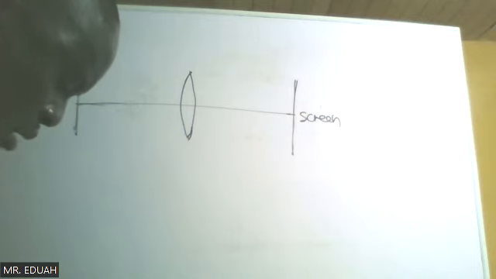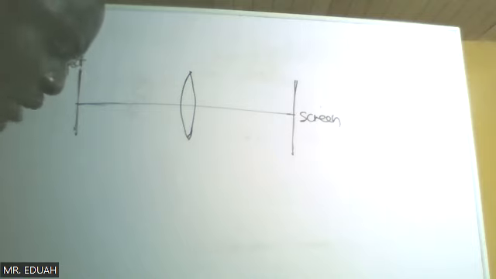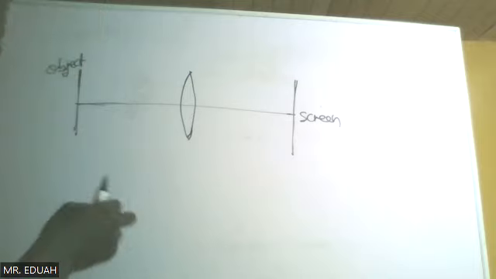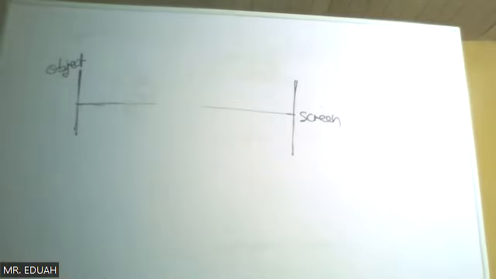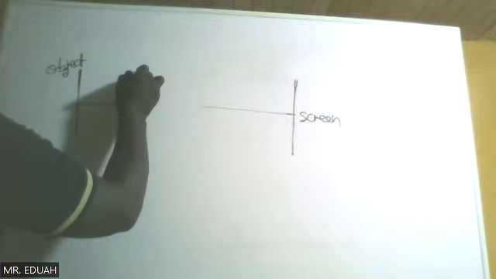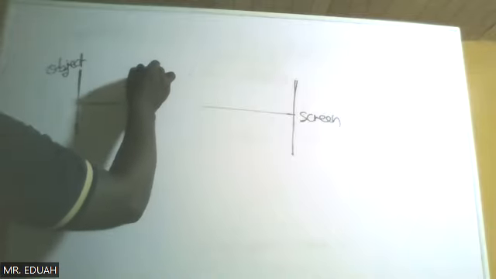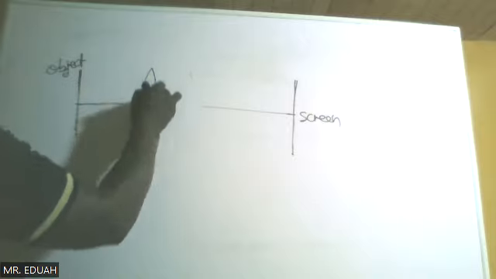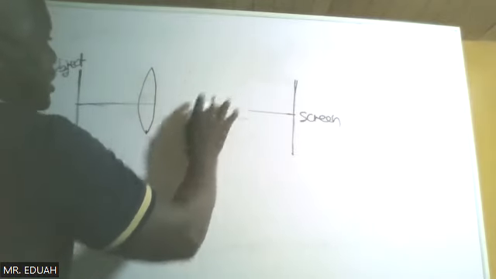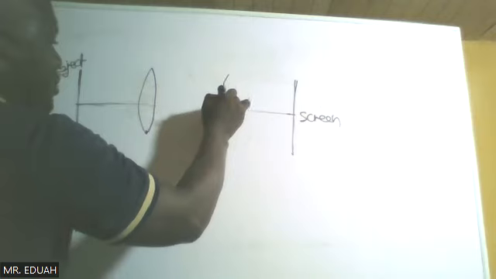Now, the lens between the object and the screen forms real images at two different positions, separated by 15 centimeters. So all they are telling us is that when the convex lens is placed between the object and the screen, there are two positions where a real image is formed on the screen.